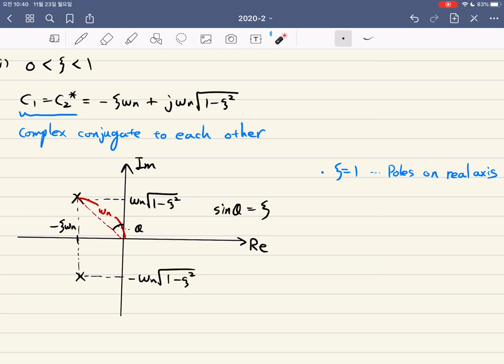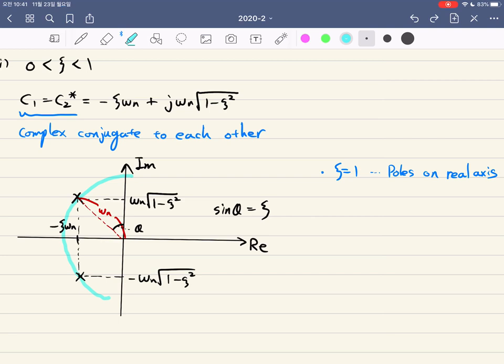Because if zeta is 1, 1 minus 1 is 0, so the imaginary part vanishes, and you will locate at this part of the circle. What happens if zeta is 0?